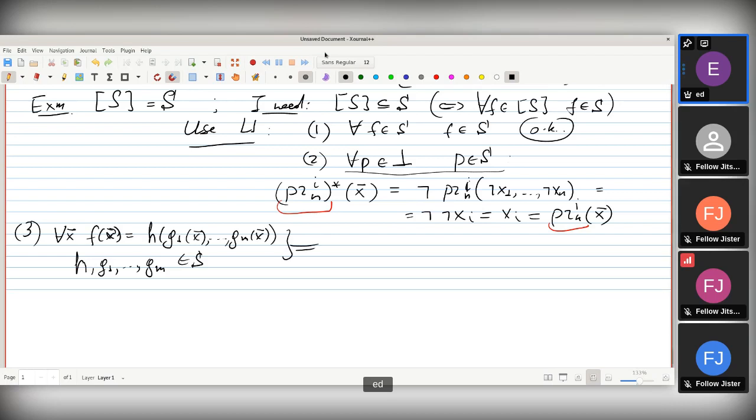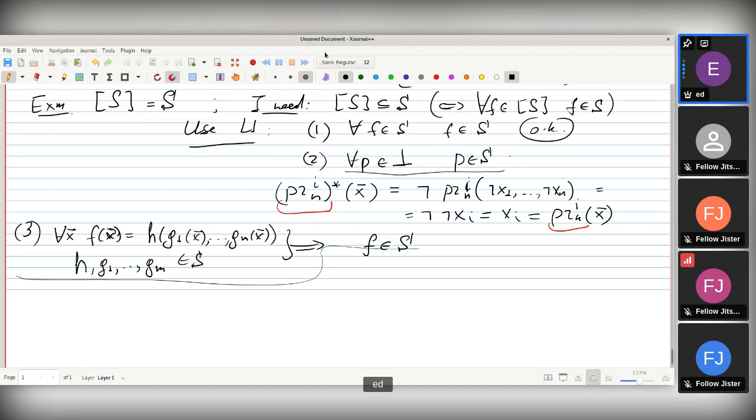Then I want to prove that f itself is self-dual. It is as easy as usual.